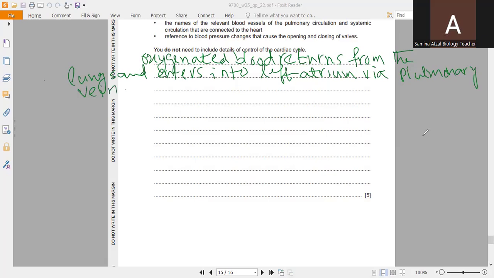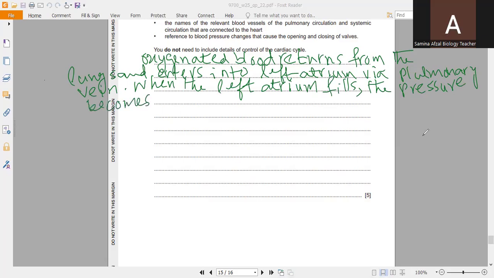When the left atrium fills, the pressure becomes high.